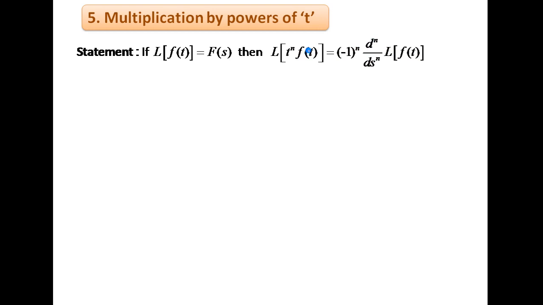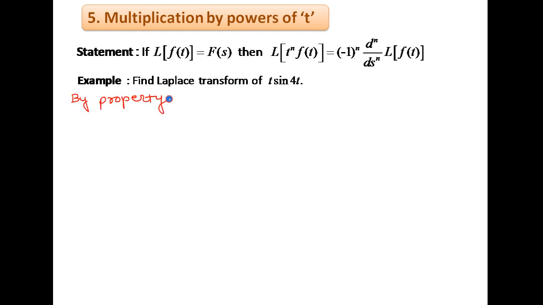Means we have to take the derivative of that Laplace of the function. Okay, so let's see an example. Suppose this is the function: we have to find the Laplace transform of t sin 4t. So by the property, here the function is multiplied by t, so we can use the property: Laplace of t raised to n f of t equals minus 1 raised to n d^n upon ds^n Laplace of f of t.